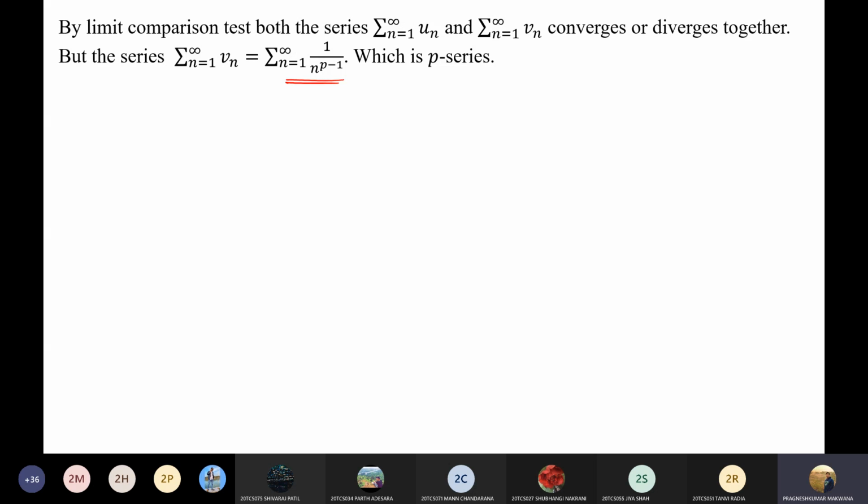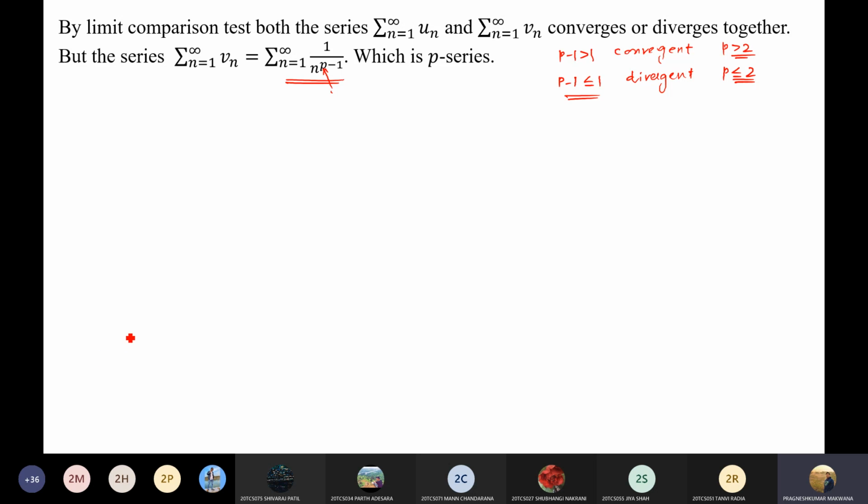So there are two possibilities, because here P is not given, P is unknown. If P minus 1 is greater than 1, the series is convergent. And what is the second case? If P minus 1 is less than or equal to 1, the series is divergent. So from this, the value of P is greater than 2. And from this, the value of P is less than or equal to 2.